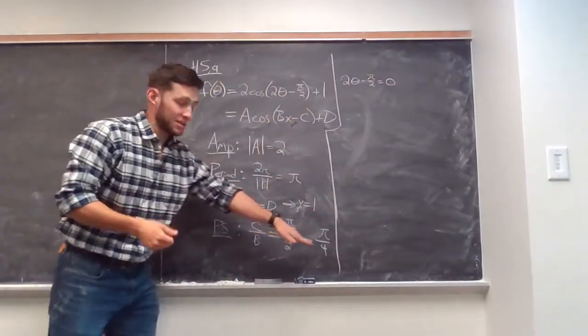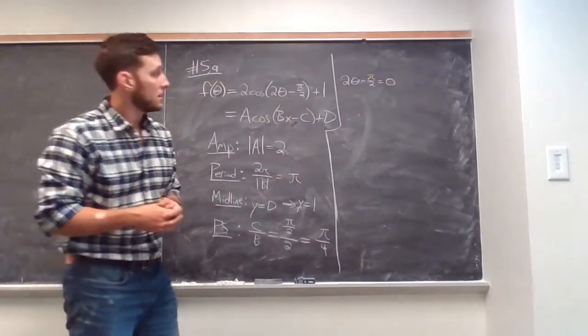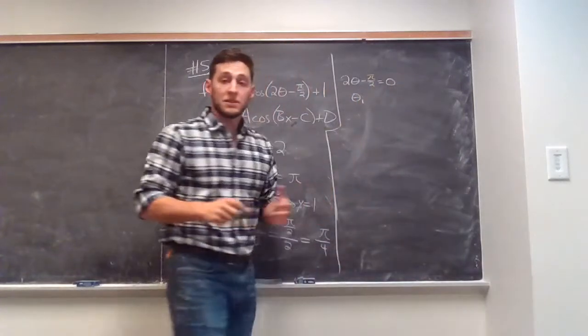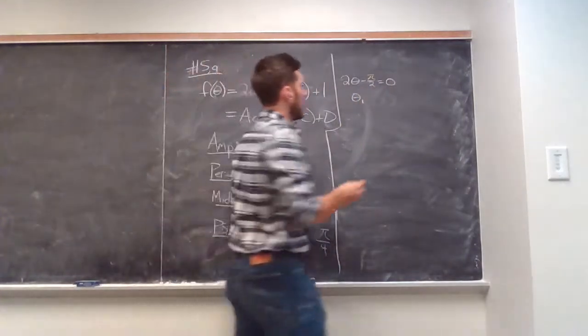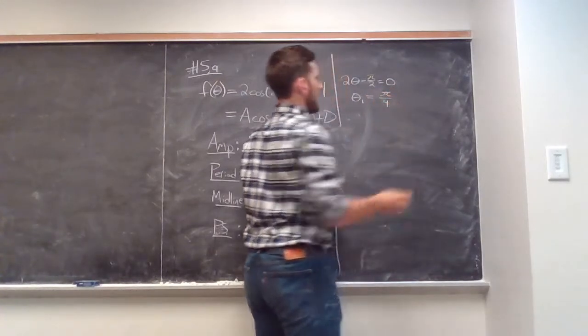It turns out this will line up with the phase shift, so there are plenty of shortcuts for these problems. If I solve for theta, by adding over the pi over 2 and dividing by 2, I get that my first important point is pi over 4.